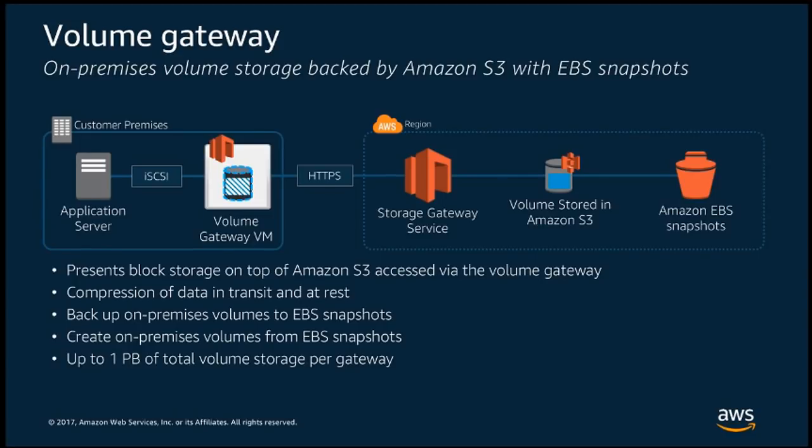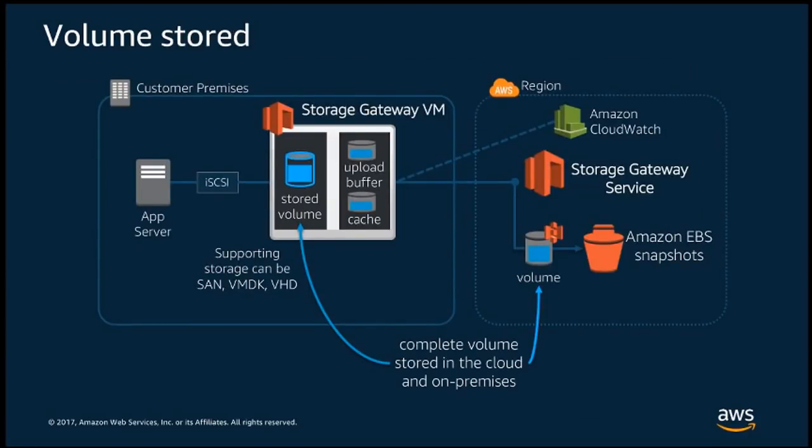So you can think of cached volume mode as being sort of thin provisioned, creating virtual volumes, because you can have 1 petabyte and it could be represented by 1 terabyte of cache capacity in the VM, but you could still have 1 petabyte of storage, and also 1 petabyte of data stored in the service. With the stored volume, all of the data is going to be stored in that virtual machine.